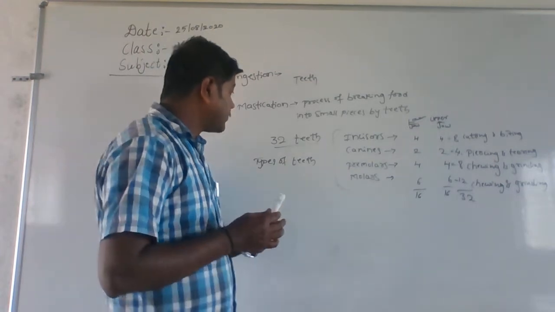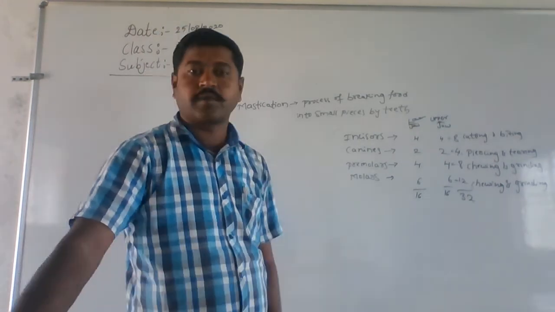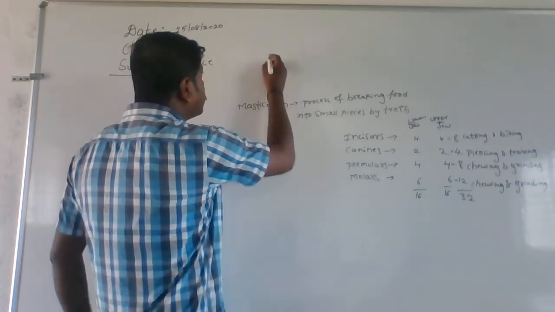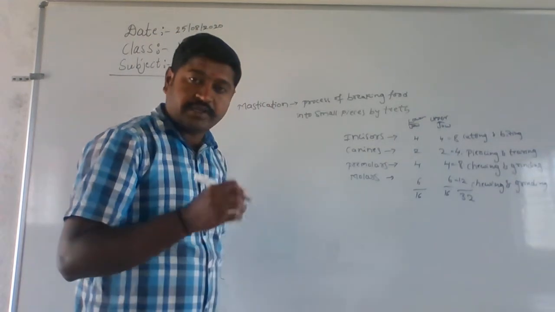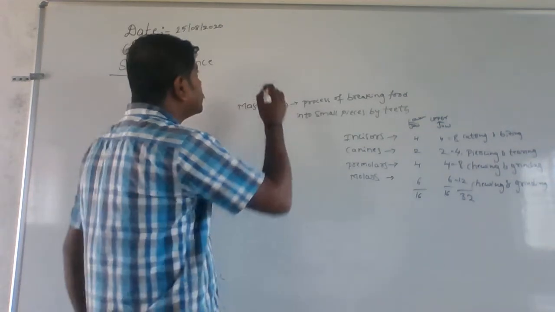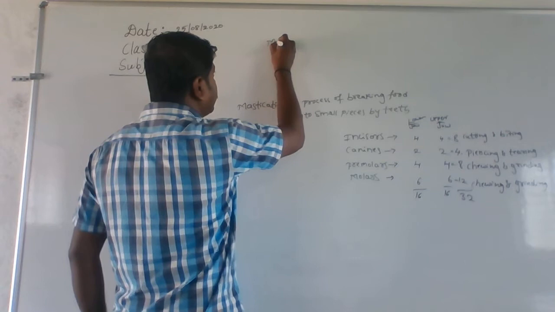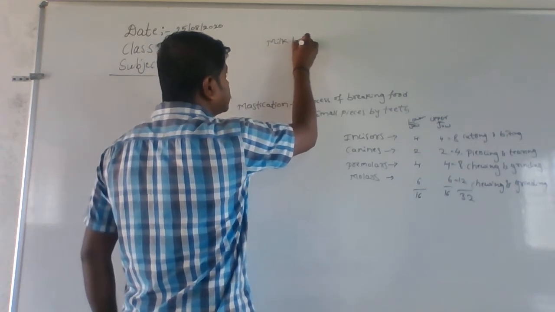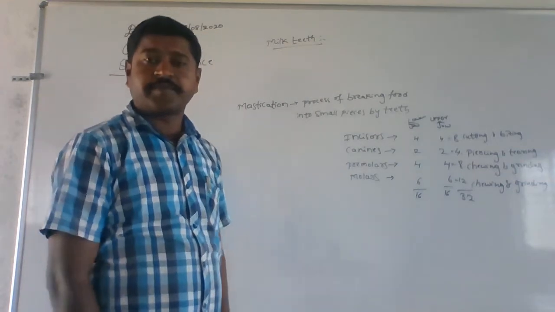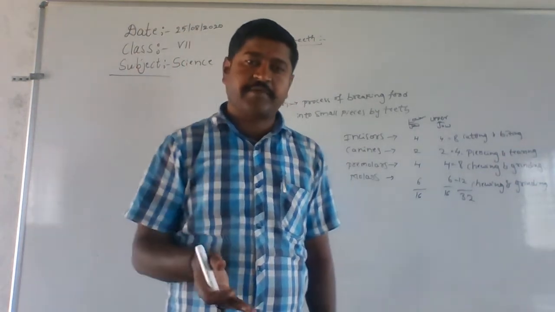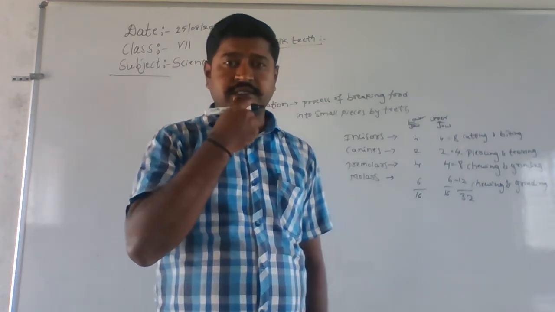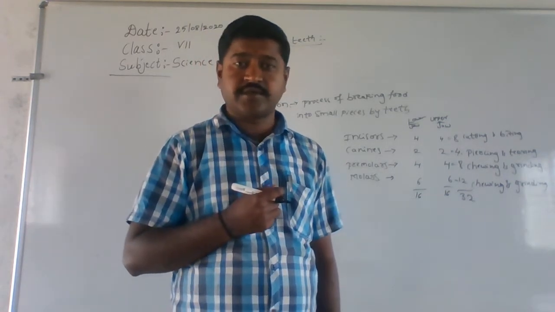Alright. Then we come across, are these 32 teeth present in all human beings? We'll see. So first we'll be having milk teeth. Milk teeth means as the baby is born, after a year the teeth start coming, right?